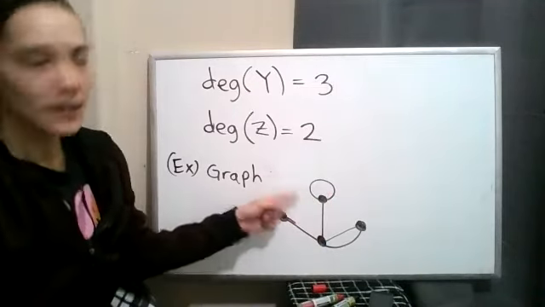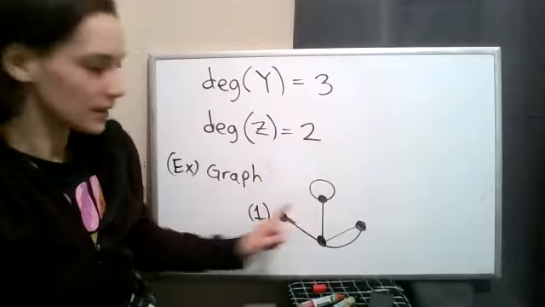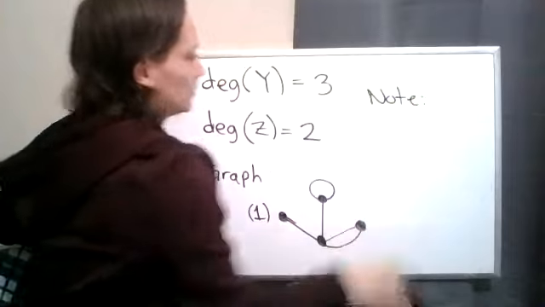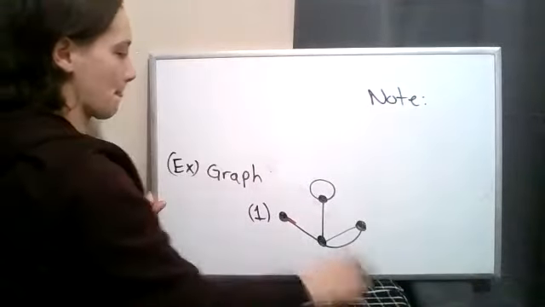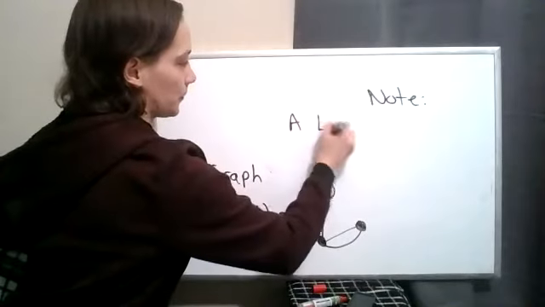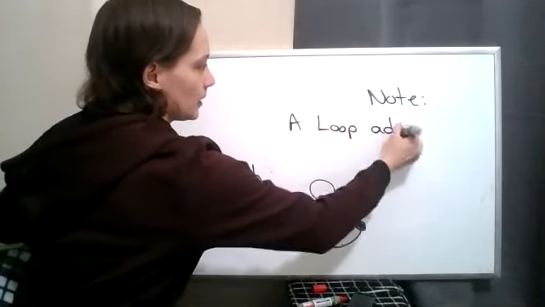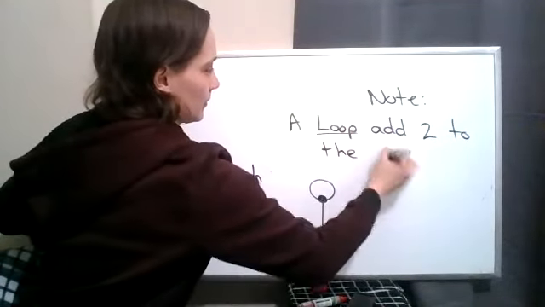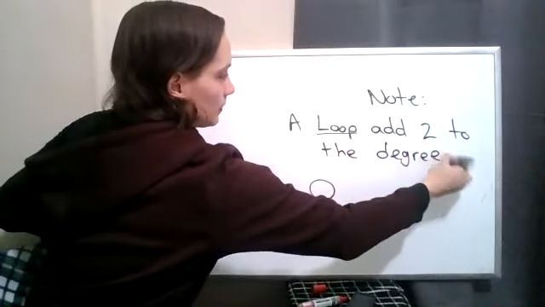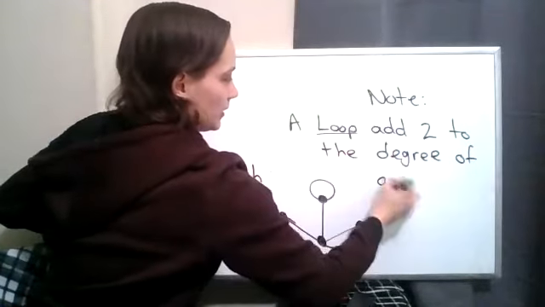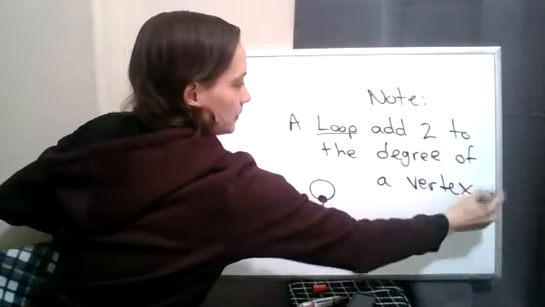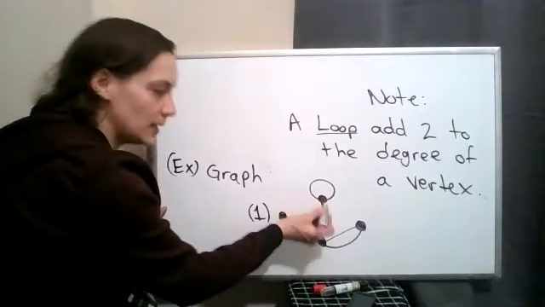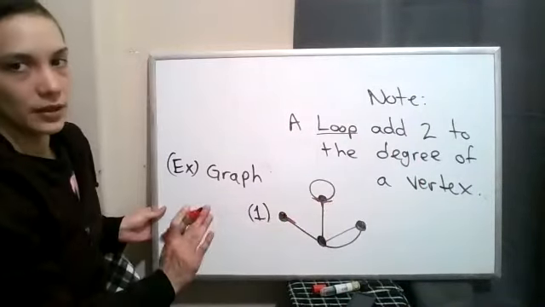You need a note here. A loop adds 2 to the degree. So we're going to do 1, 2, 3, degree 3.